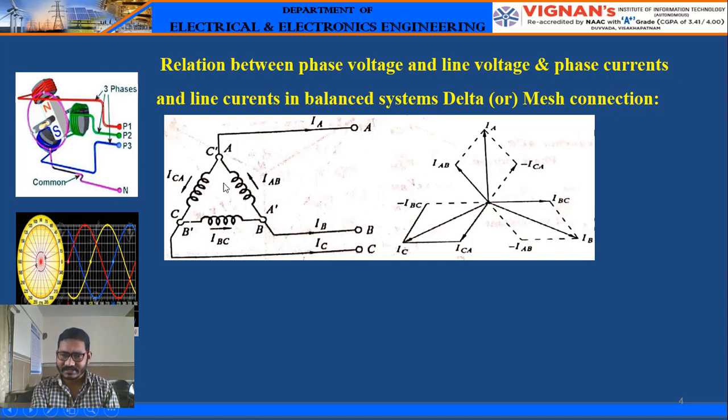Suppose the current flows like this: ICA, IBC, IAB. If you consider the current flowing in the opposite direction, then IAB, IBC and ICA are all opposite to this. You have to consider the directions like this, but direction is not a matter here.